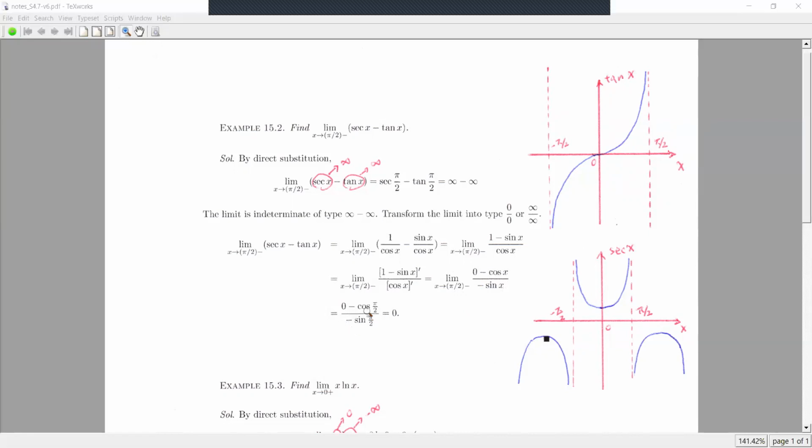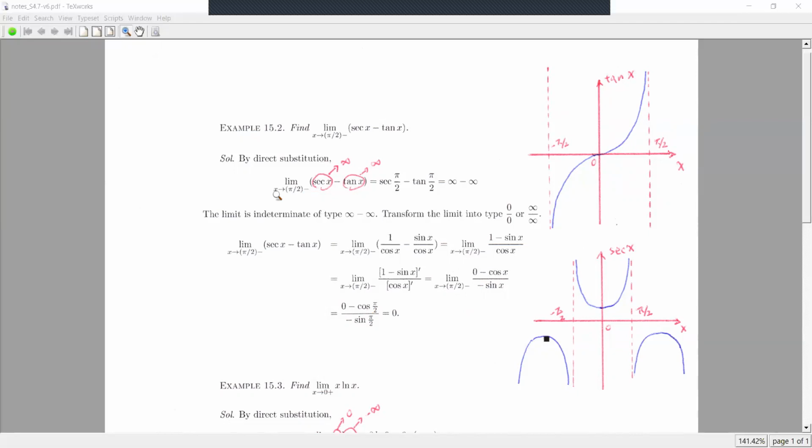Cosine of pi over 2 is 0. Sine of pi over 2 is 1. Therefore, we get 0 minus 0 over negative 1. So this limit is 0.